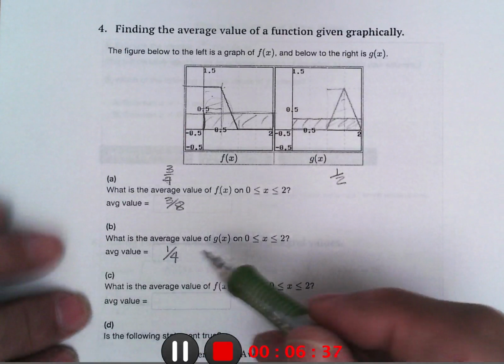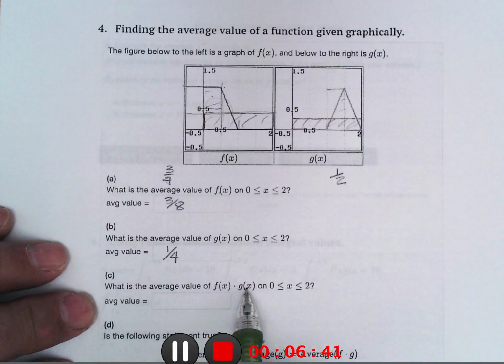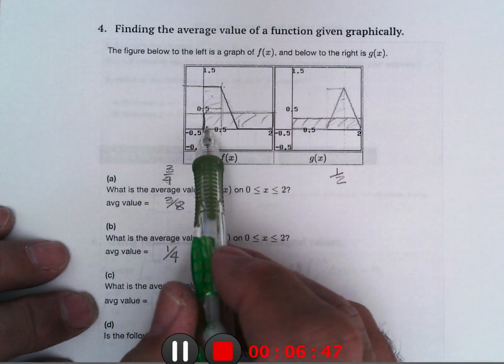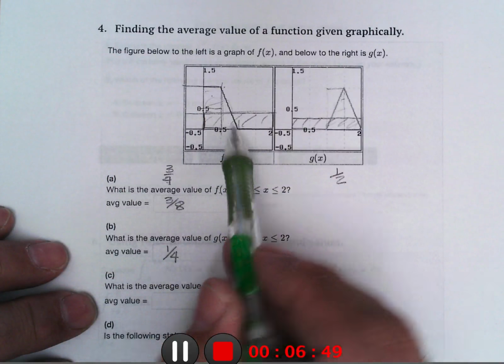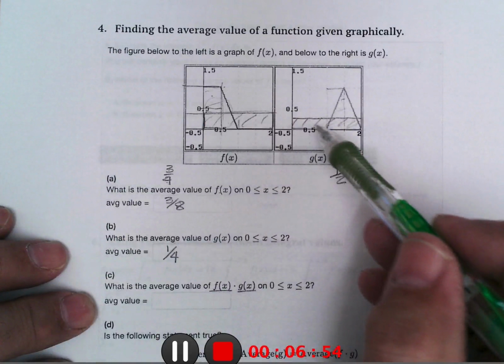What is the average value of f of x times g of x? We're multiplying. So for this first interval, this function is not 0, but this function is 0.